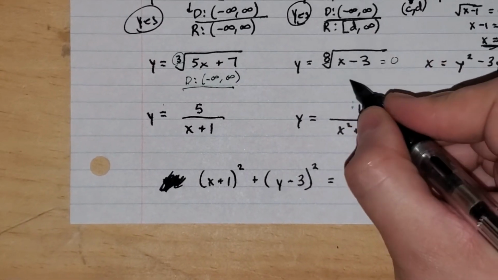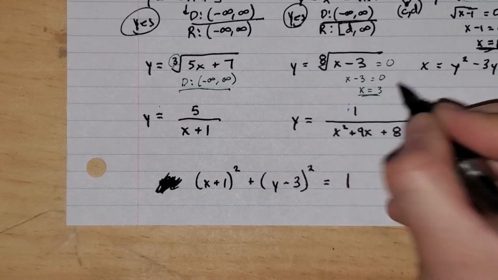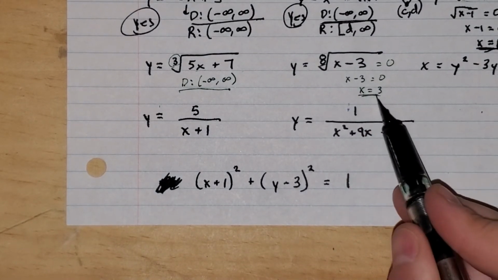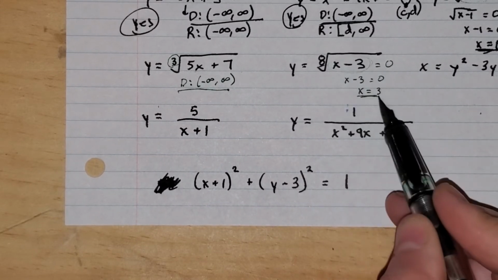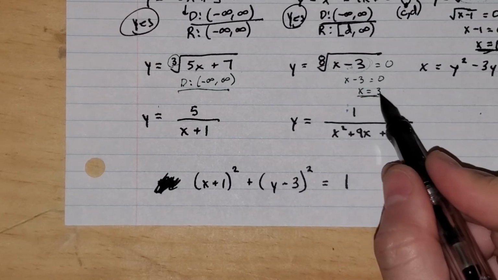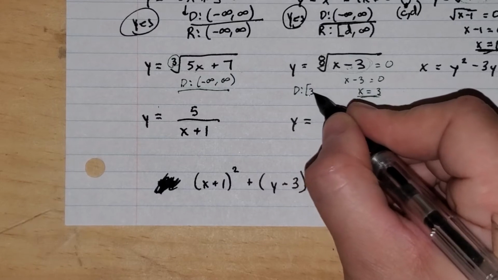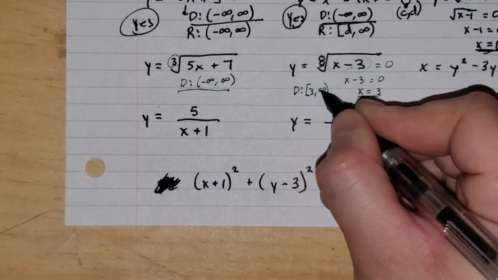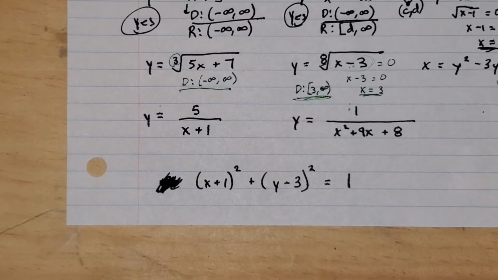Raise it to the 8th power, so I get x minus 3 equals 0. X equals 3. What does that tell me? Every number bigger than 3 will make this positive. Every number less than 3 will make this negative, which breaks my rule. So I have to stay 3 and above. My domain is 3 to infinity.